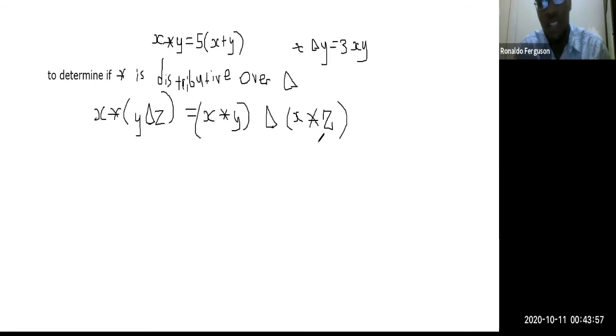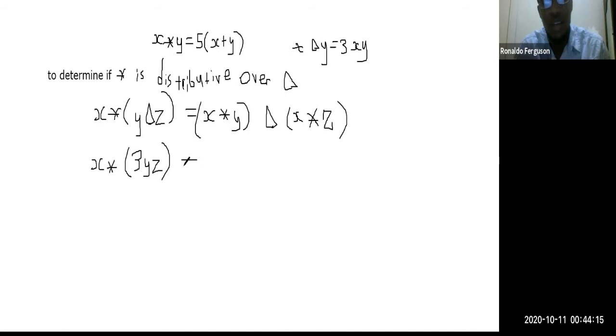So on our left hand side, what we will get is x star y delta z. Y delta z would be 3yz. And so we need to work out what is x star 3yz.